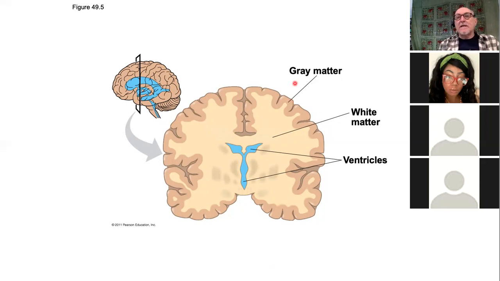And this is a collection of nerve cell bodies, extensive dendrites, and also, very importantly, interneurons. I showed you an interneuron in that reflex arc.